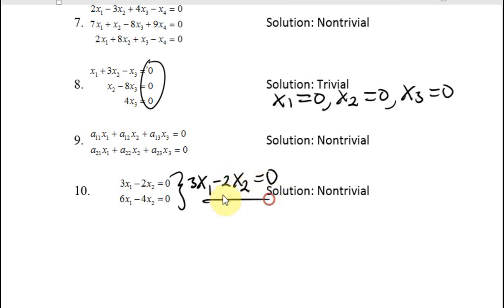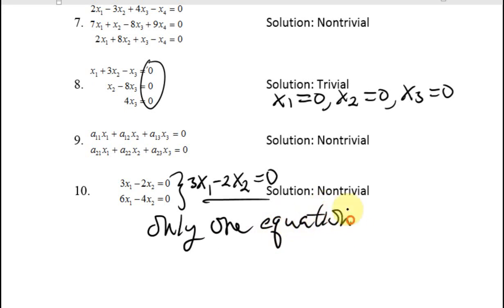It's only one equation. So you have 2 unknowns, 1 equation, 2 minus 1 gives you 1 parameter. That means that one variable depends on the other. Non-trivial solution.